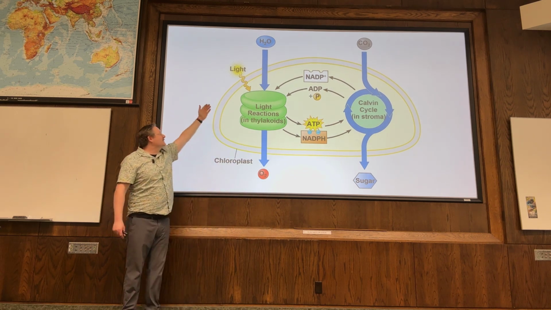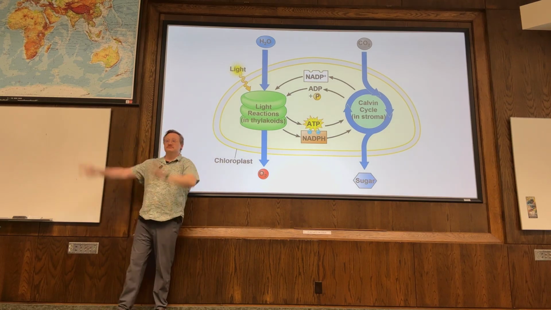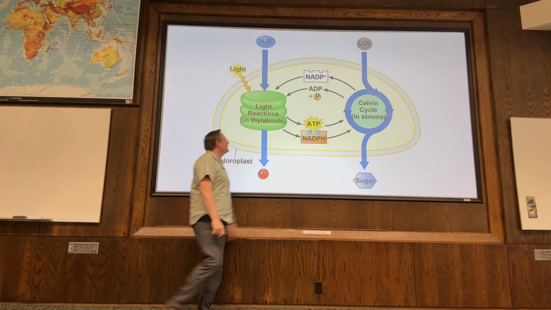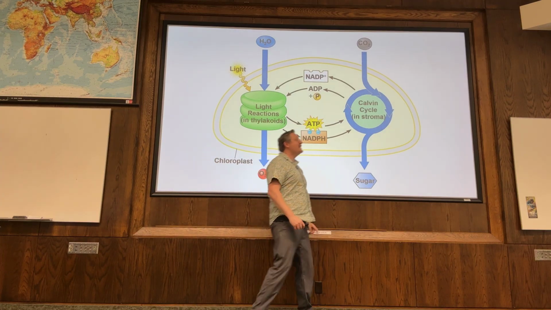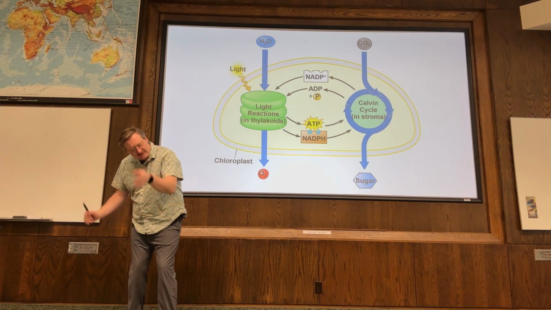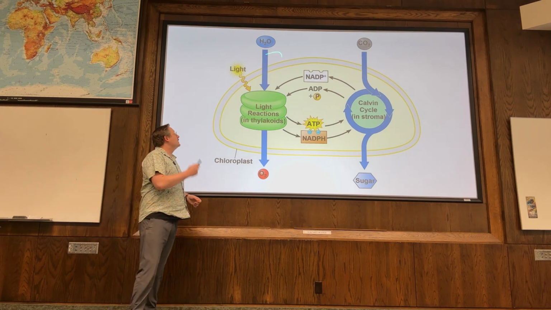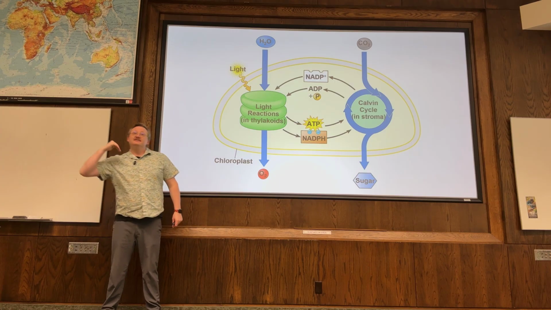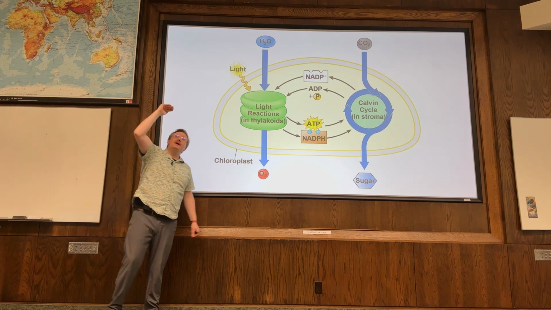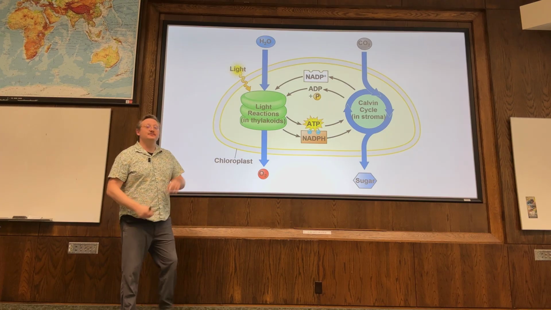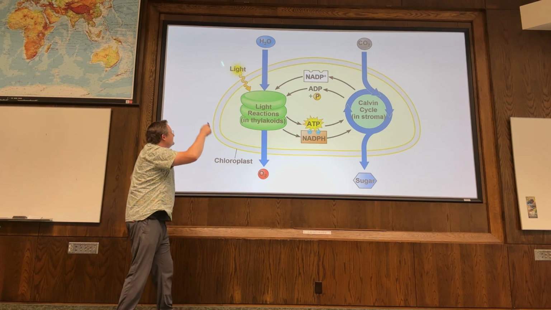The energy to drive the light reactions came from the sun. Cool? The electrons that are carried by NADPH have their origins on the water molecule. And if you remember, the electrons on a water molecule are at an incredibly low energy state. So they've got to get jazzed up to a high energy state, and the process of photosynthesis will do this by using light energy.